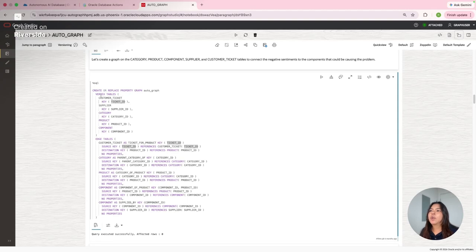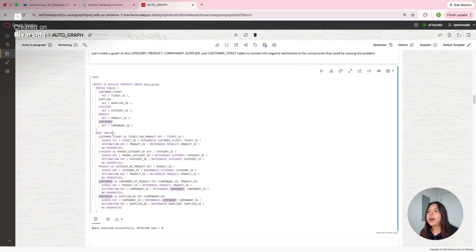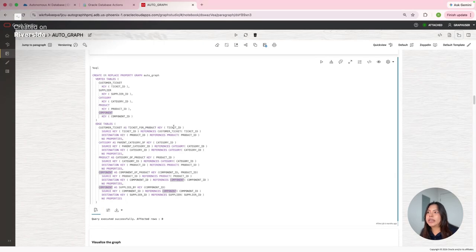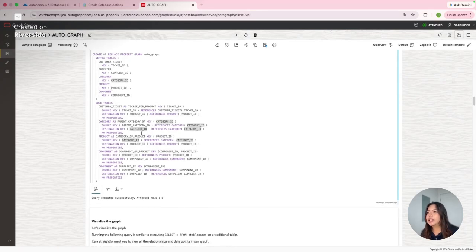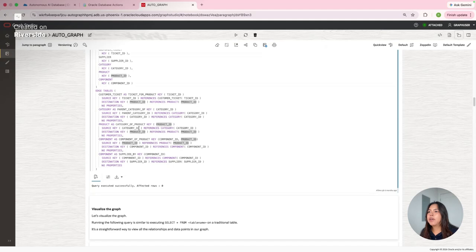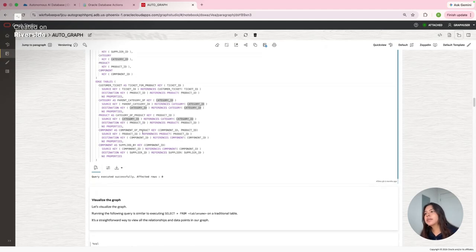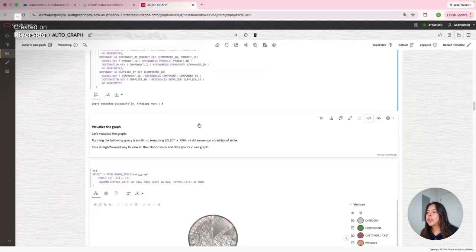We have a vertex table clause, and in here we identify the vertices we want in our graph, or our entities. And then we have our edge tables and the connections between them. So we have tickets connected to products. We have parent categories connected to categories, so categories, subcategories. We also have categories connected to products, etc.